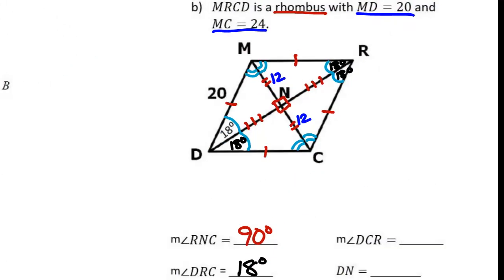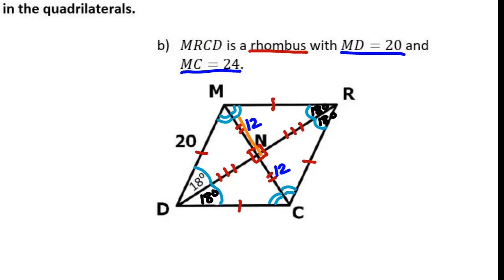Angle NMR. This angle right here. Well, to find that angle, I'm looking at this triangle right here, because I know that the angles of a triangle always add up to 180.